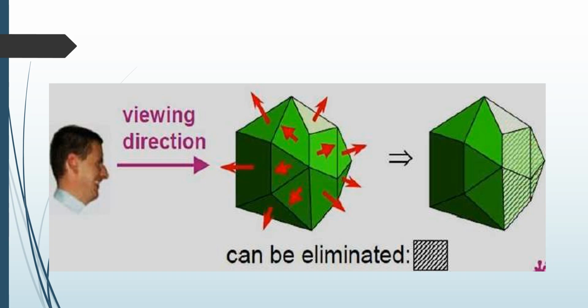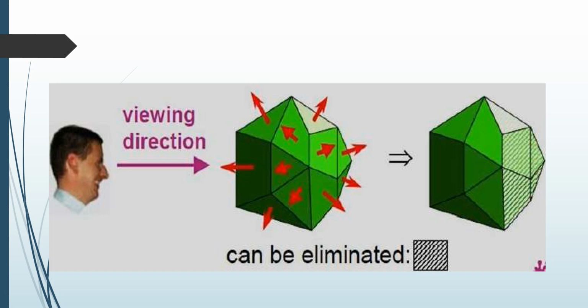Then which faces are the back faces? The viewer's direction vector is in this manner, and for the faces which are shaded as back faces, the angle between their normal vector and the viewer vector is an acute angle, less than or equal to 90 degrees.